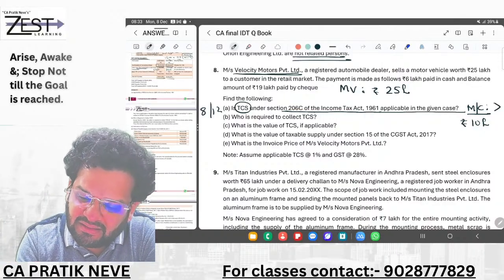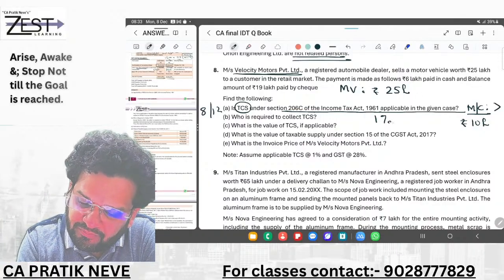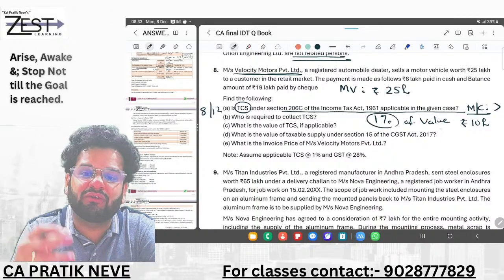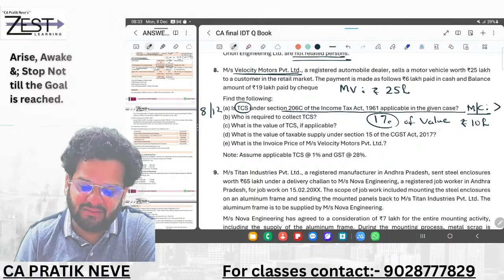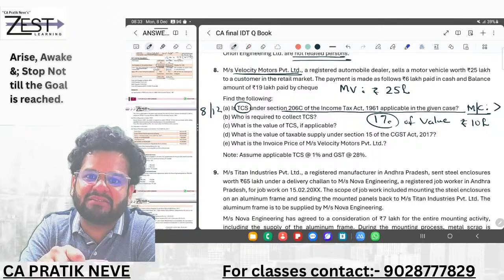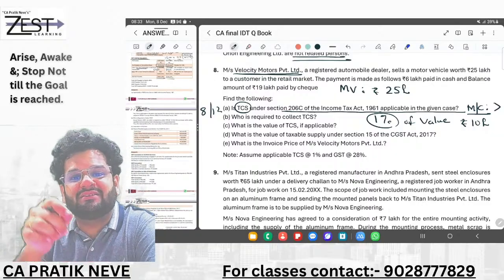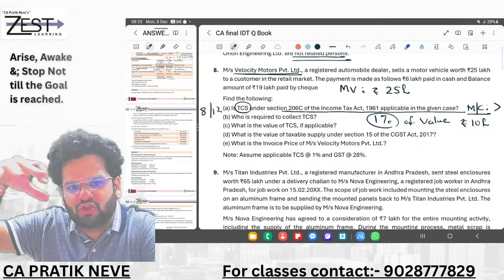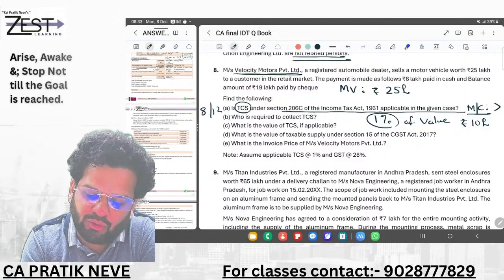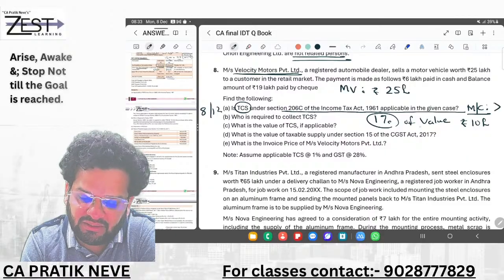This TCS is at 1% of value, means 1% of the price of the car. Who will collect this? The supplier. Supplier means the person who is selling you the motor car, that showroom will collect that TCS. I told you the rate of TCS is 1%.